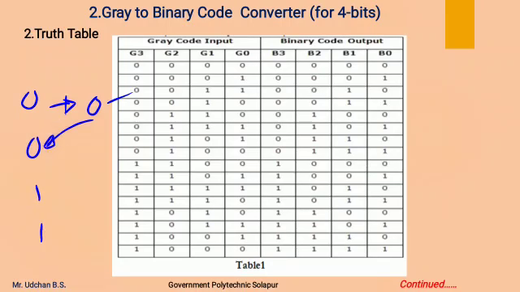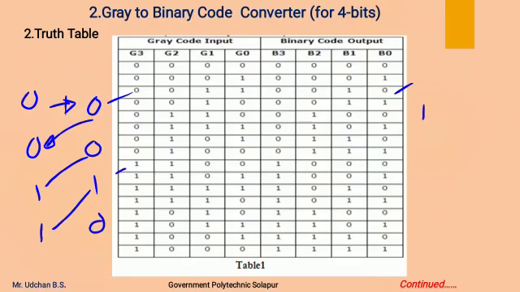Here we will do a diagonal addition: 0 plus 0 is 0, again 0 plus 1 is 1, again 1 plus 1 is 0. If any carry is generated, we are going to ignore it. So for 0011 we get 0010 as the binary number.